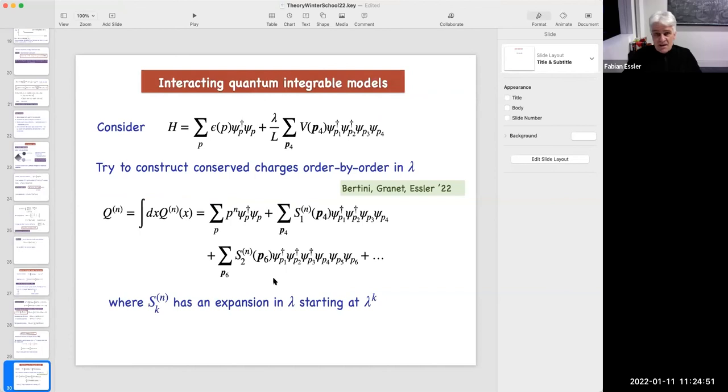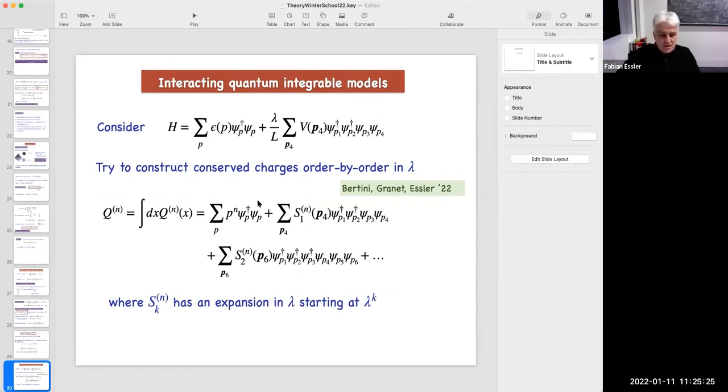Okay, and so in the last 3 minutes or so, let me just tell you how this generalizes to interacting integrable models. So now I add my interactions back. And then what you can do, just by brute force, is essentially construct an extensive number of local or quasi-local conserved charges by adding additional pieces here.